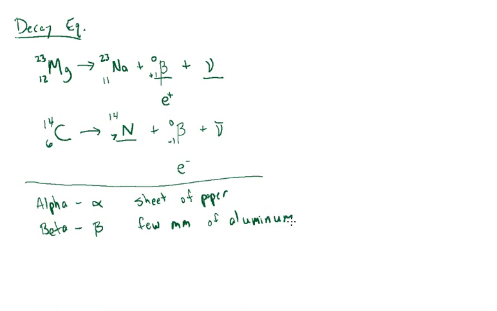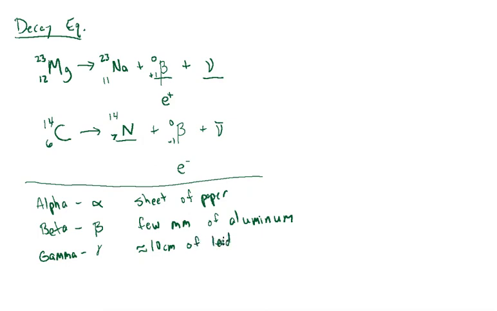And then for the really bad one, the one that gives you cancer and really damages your DNA and all that kind of stuff, is your gamma. And that's the Greek letter gamma. And for that one, you need about 10 centimeters of lead.